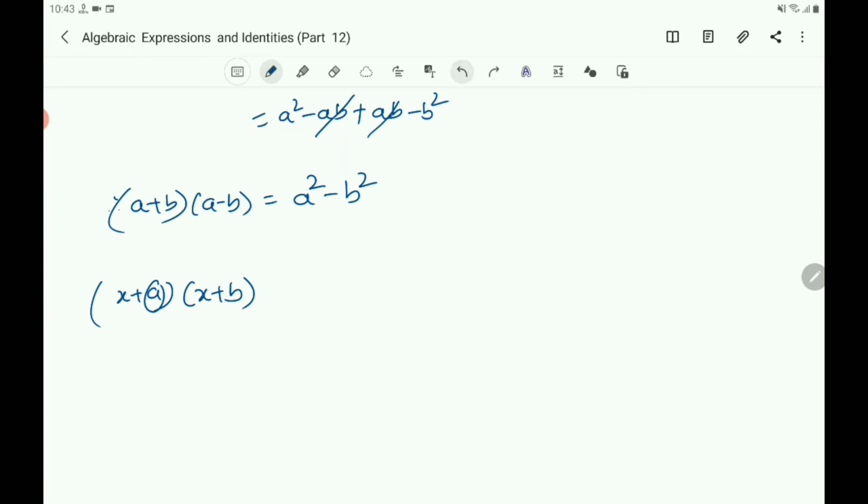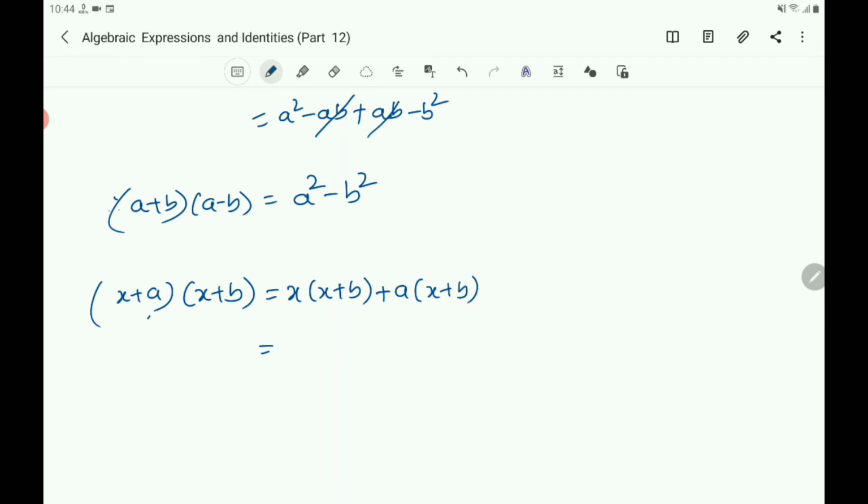Second terms are different. Here also you can obtain one more identity. So you write the product here, x into (x plus b) plus a into (x plus b).